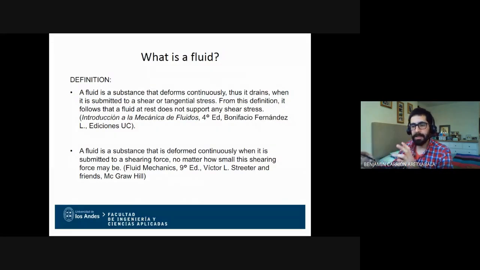This is a key concept, and I think in the book it's well explained, but it is very important for you to understand. Not because of the definition, since all of you can tell when you see a fluid and when you see a solid, but because the way we represent this, as we'll see later on, is through the viscosity of the fluid, and that's really the key difference.